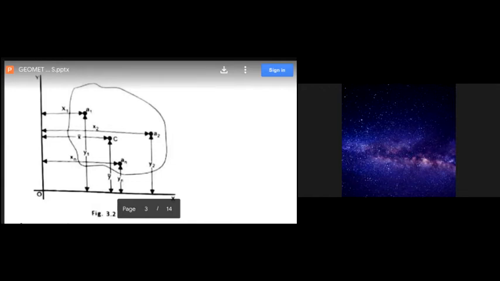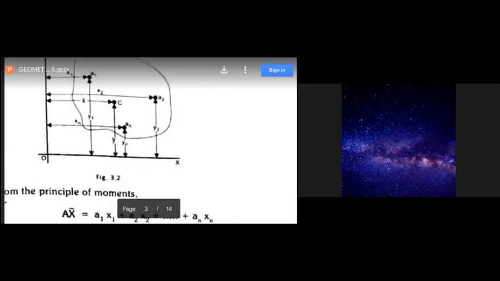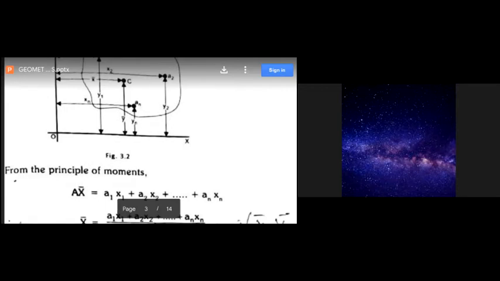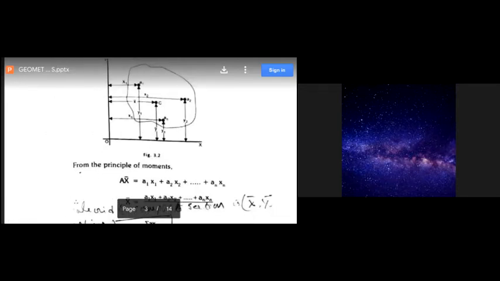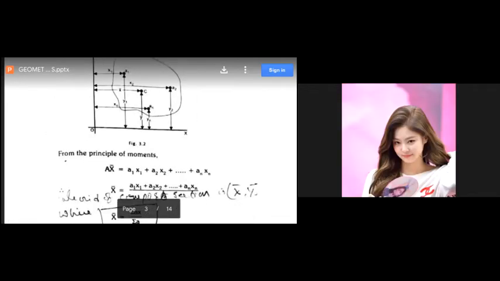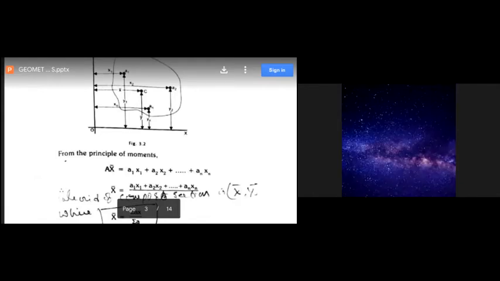We have to consider it like this, and we know the principle of moments. It states that the total moment of the resultant force is equal to the sum of the moments of each and every component force.